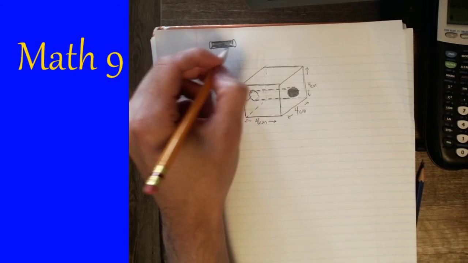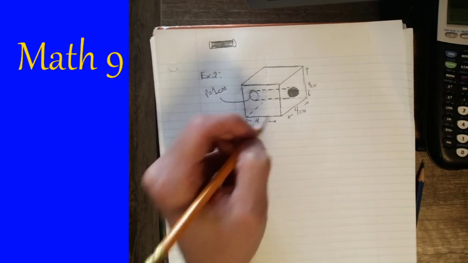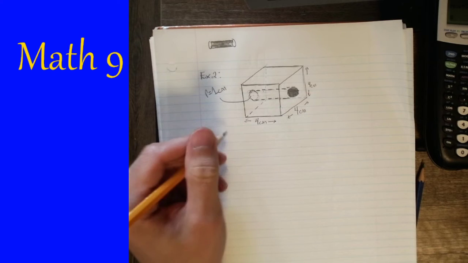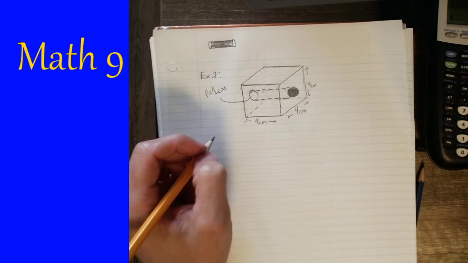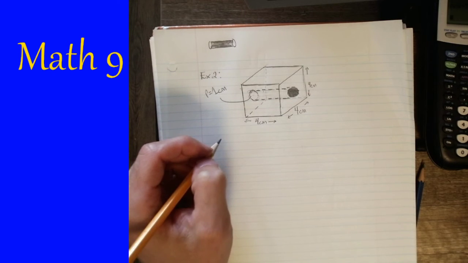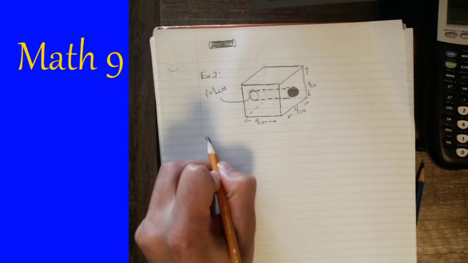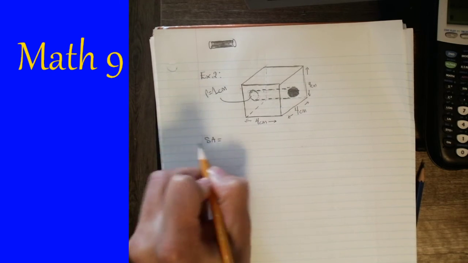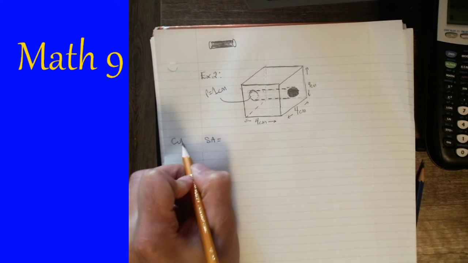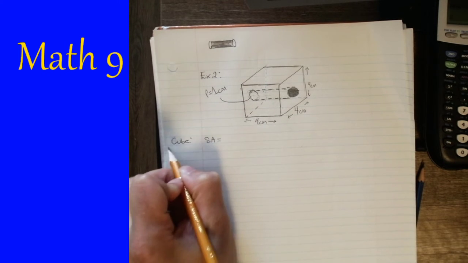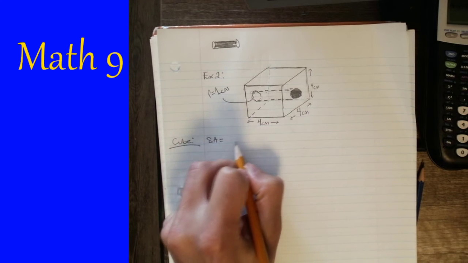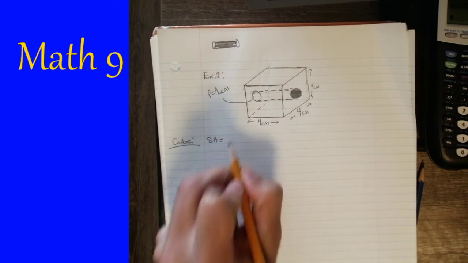That being said, I'm pretty sure about what I want to do here. I hope it makes sense, and if it doesn't, just follow along, and I especially hope that it makes sense by the end of this. Okay, so surface area. Let's do the cube first. And that's going to be simple.